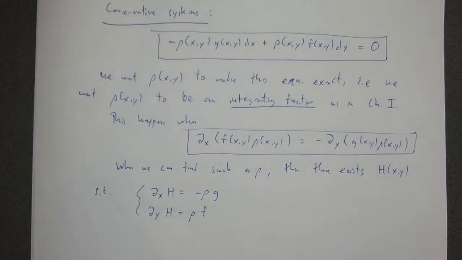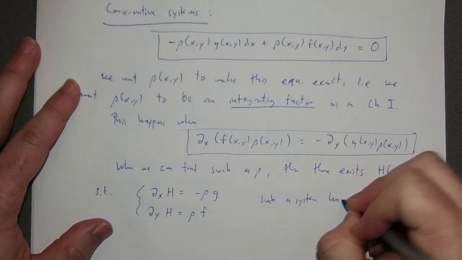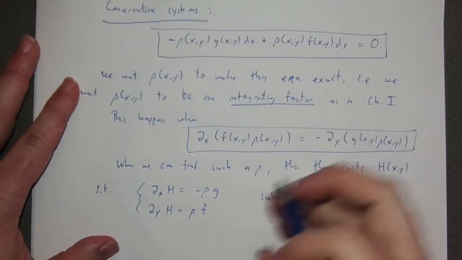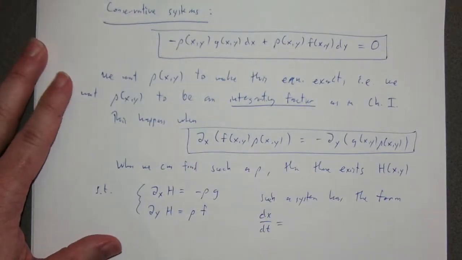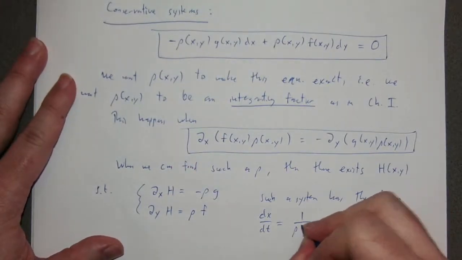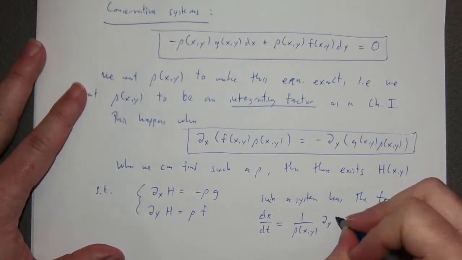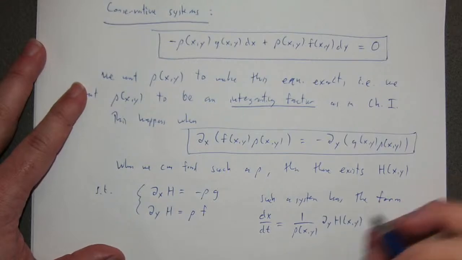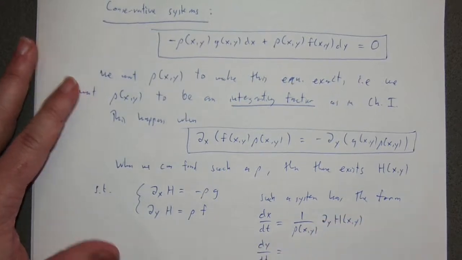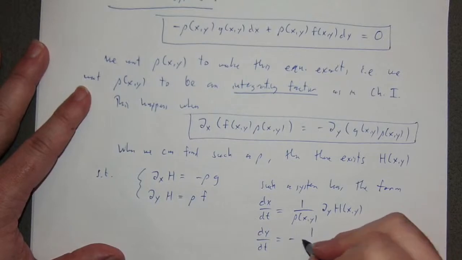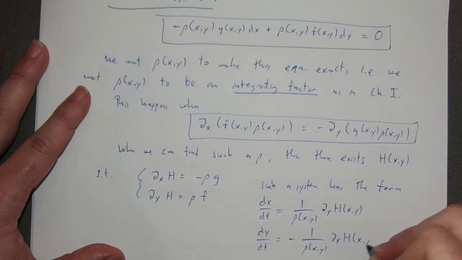Such a system has the form dx dt equals 1 over rho times the y partial of H, and dy dt is equal to minus 1 over rho of xy times the x partial of big H again.